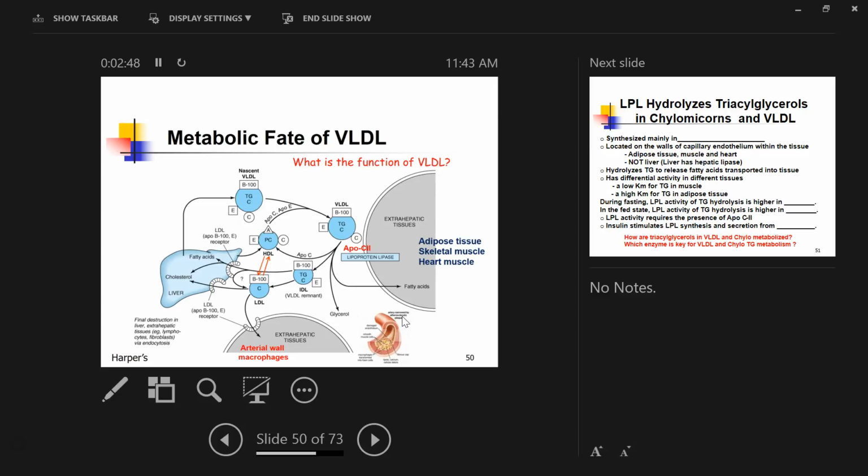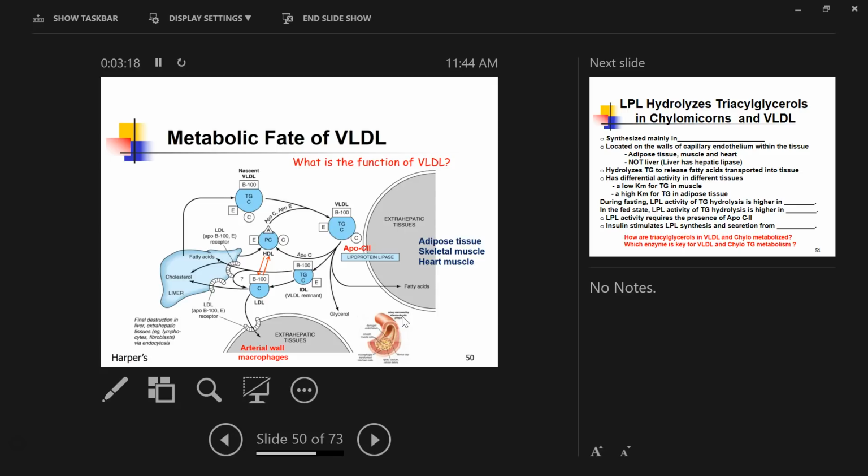In the fed condition the destination would be adipose tissue, and the fate of the fatty acids would be storage as triglyceride. During the fasting condition, the fatty acids basically come from circulation, but initially from the fat tissue, like mobilization.